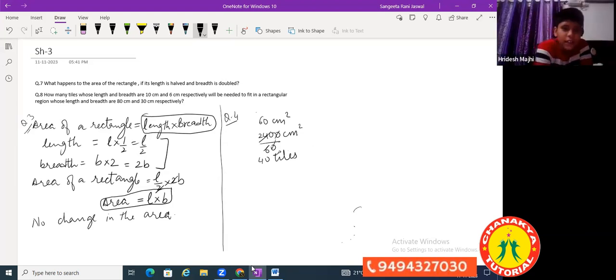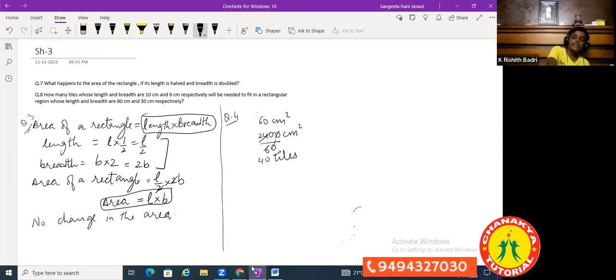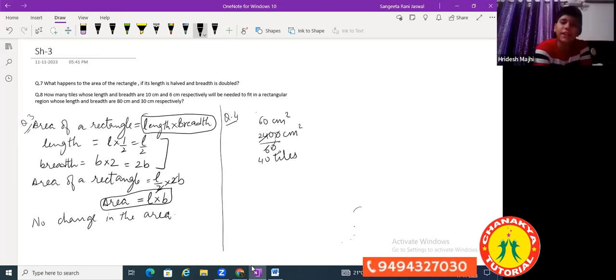If the length is, for example, 50, halved, we divide it by 2, so it's 25, and if the breadth is 25 and doubled, it's 50.